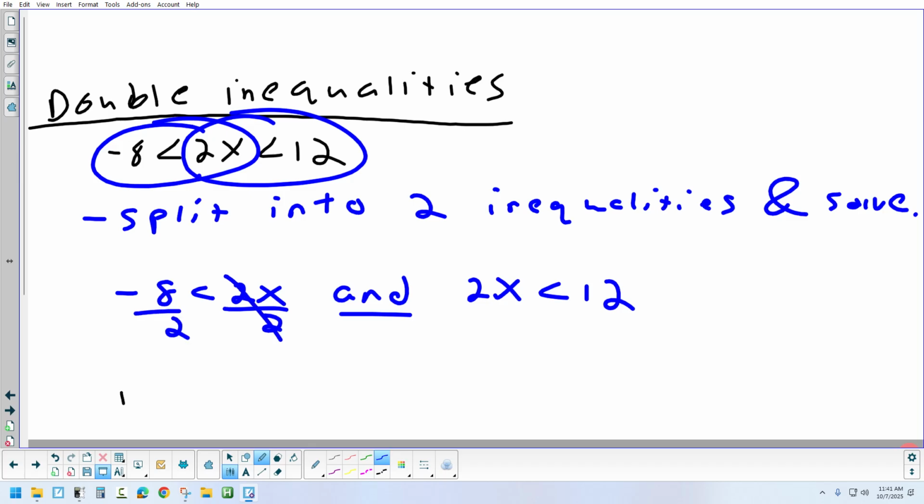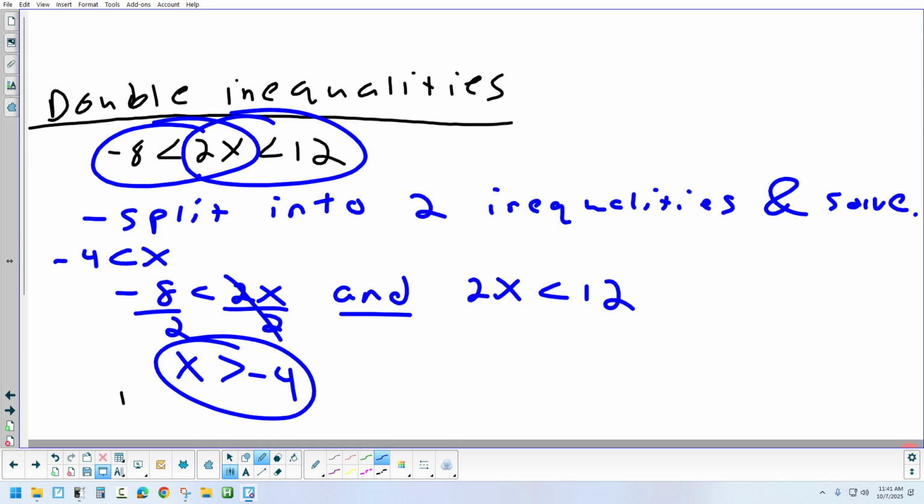And for this one, we would get x is greater than -4. Now, I did rewrite that because when I do an inequality, I usually like the letter on the left. Letter on the left, number on the right. It's not wrong if you do this. I mean, technically, that is exactly the same thing as that. But I like that better.